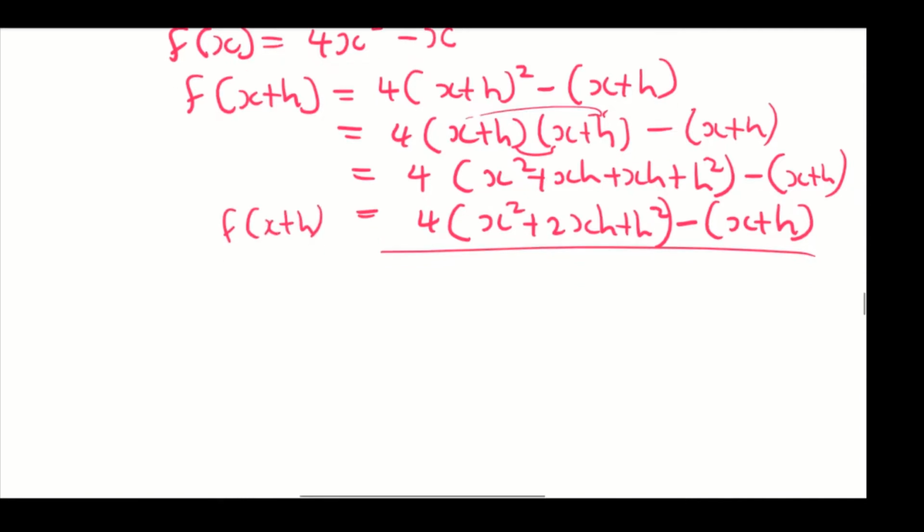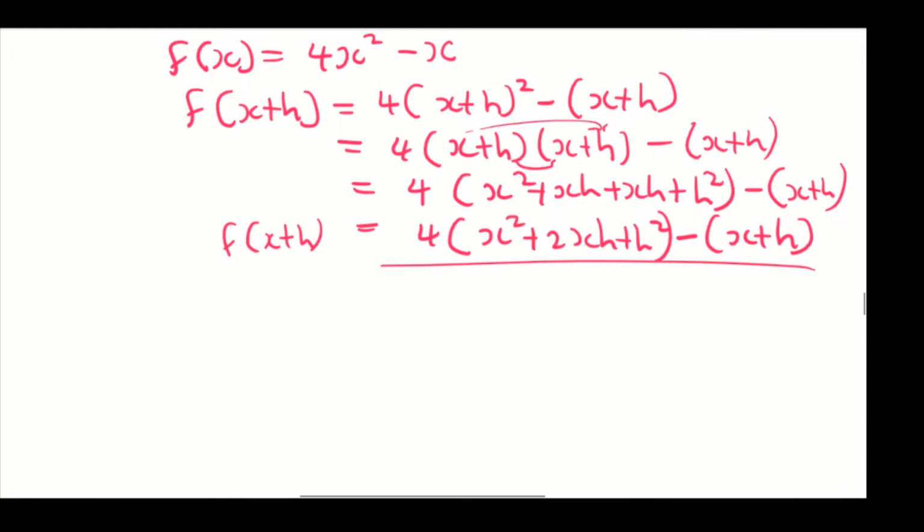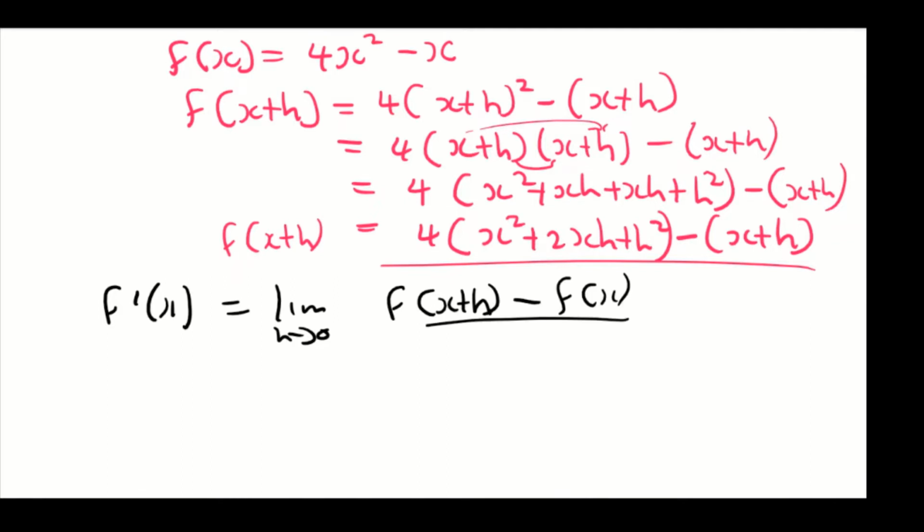So now let's find the derivative. The derivative equals the limit when h approaches 0 of f of x plus h minus f of x, divided by h. What is f of x plus h?